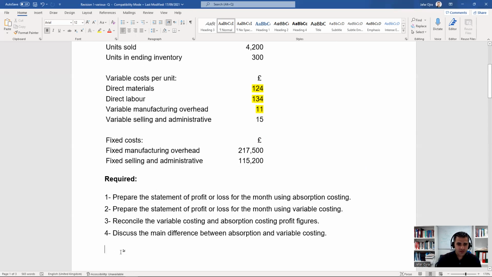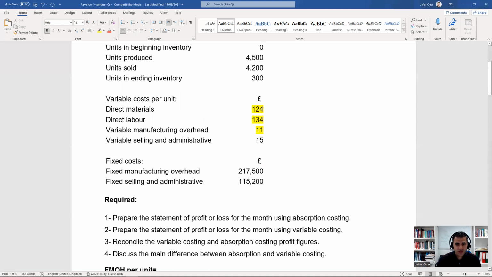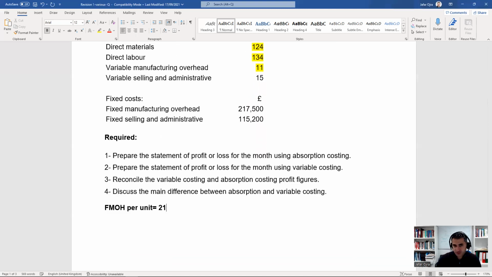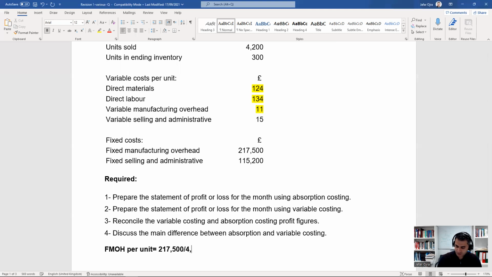So here we go. Let's find out. Fixed manufacturing overhead per unit equals 217,500 divided by the number of units produced, which is 4,500.